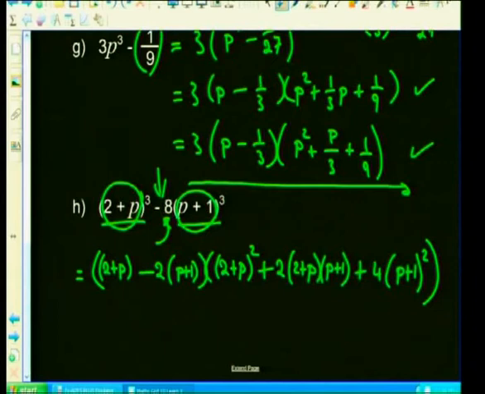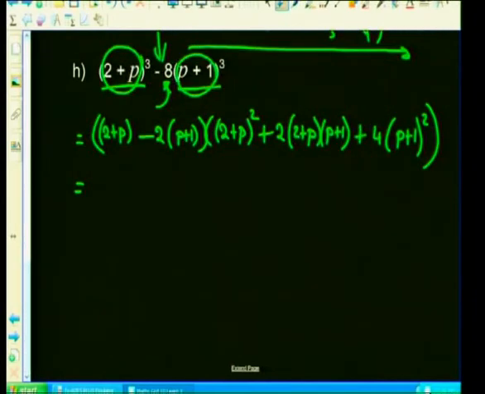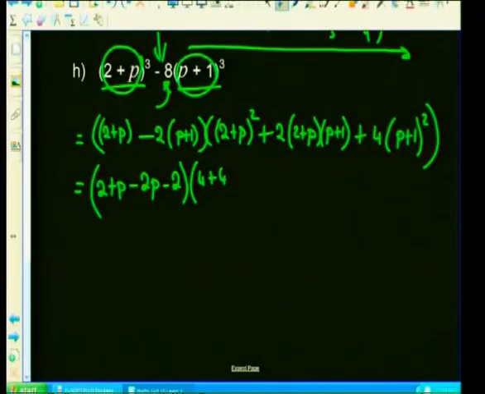My word, what an enormous question to handle. So, let's tackle it. In this first bracket, I'll have 2 plus p minus 2p minus 2. And in my second bracket, and this is where doing it with a shortcut really helps: first squared, first times second times 2, second squared.